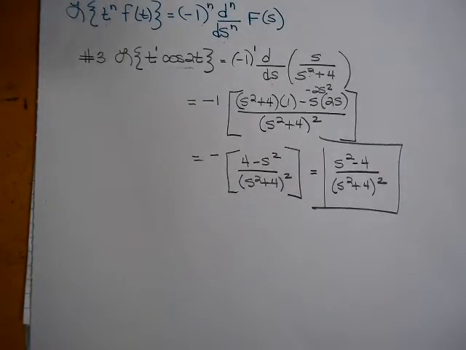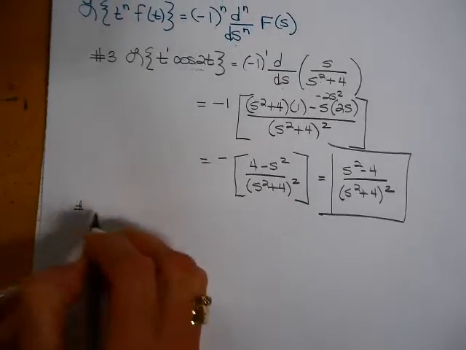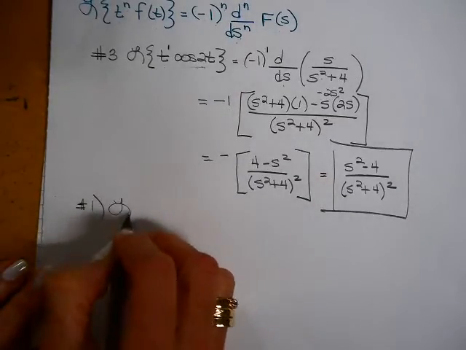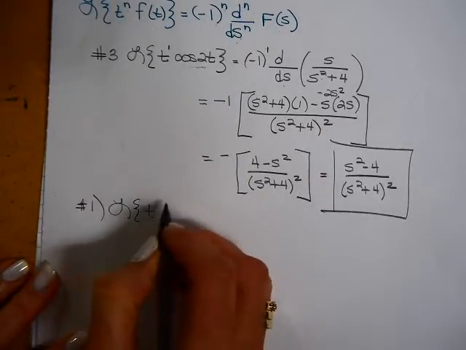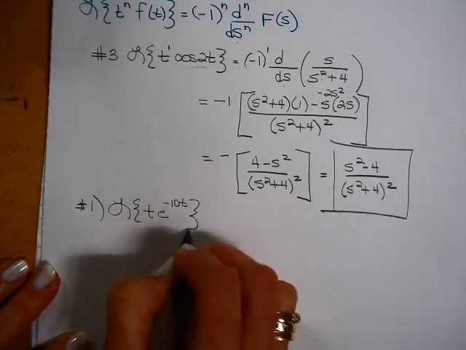Let's look at another one. Skip number 1. Let's look at one like number 1, because you can do number 1 actually 2 ways. The Laplace transform of t times e to the negative 10t.